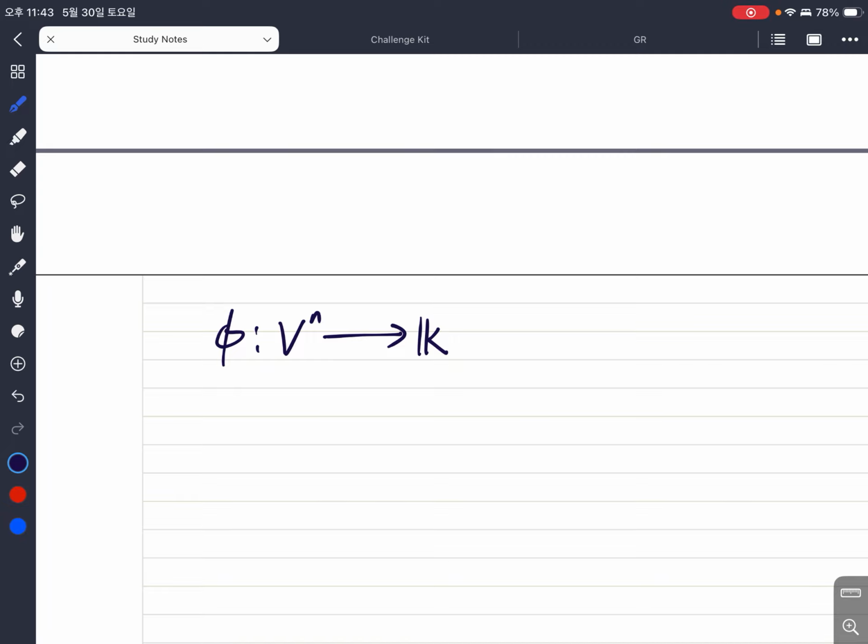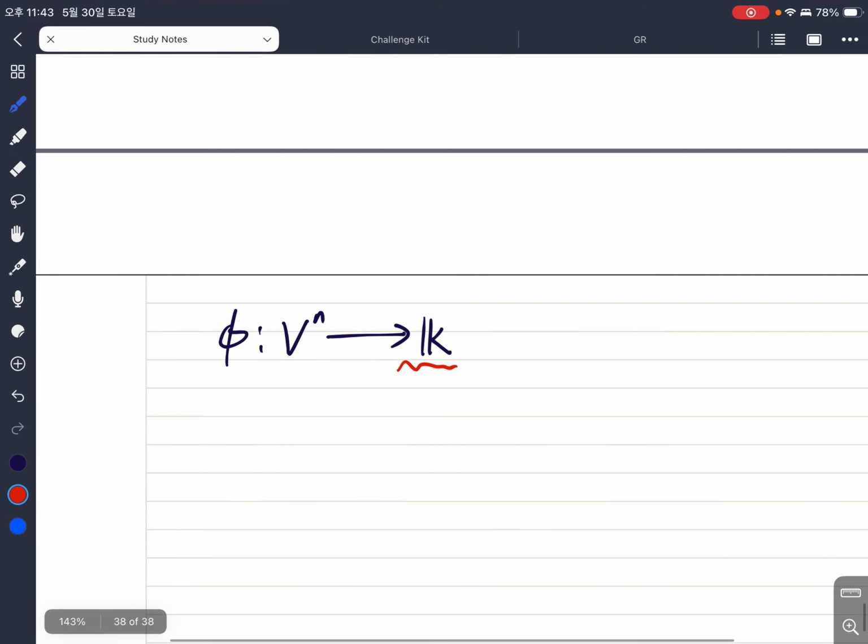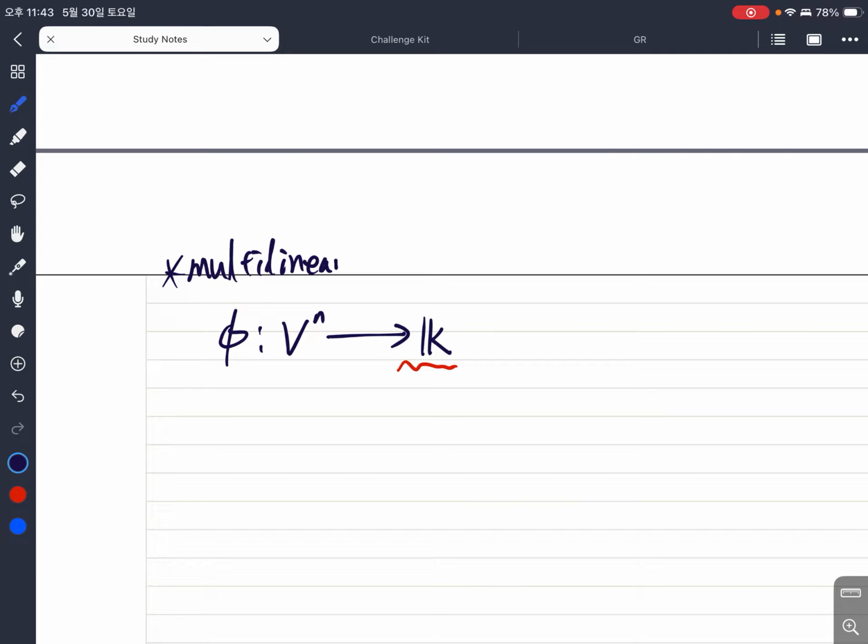And this is a form, because if it is 1, it is called 1 form. Now it is n, so we might say it is n form. So in fact, this is called multilinear form. In this special case it is n form, or as I told you, it is tensor.